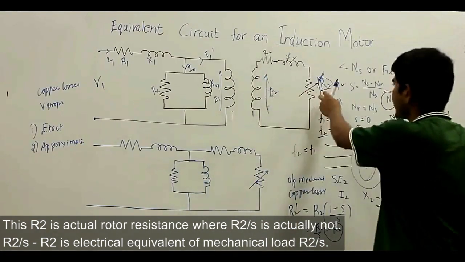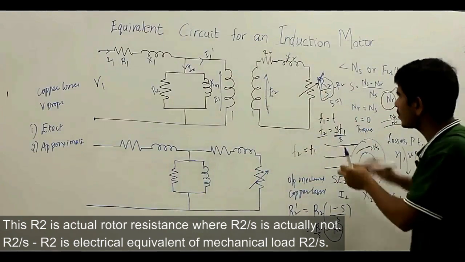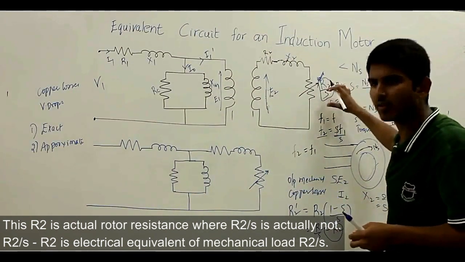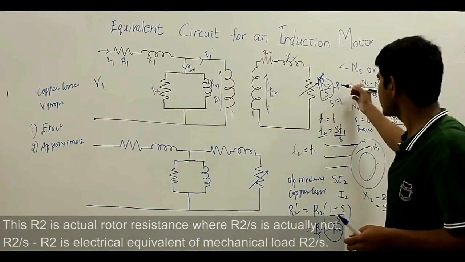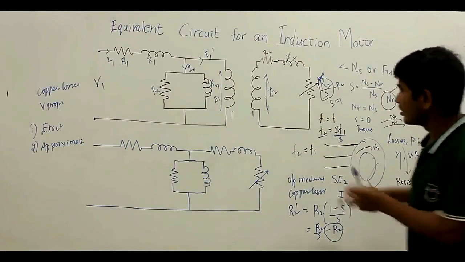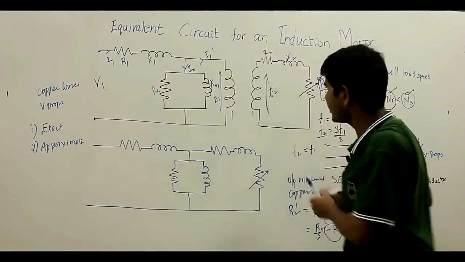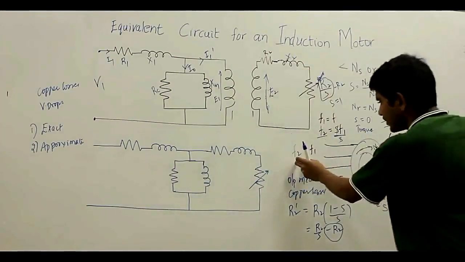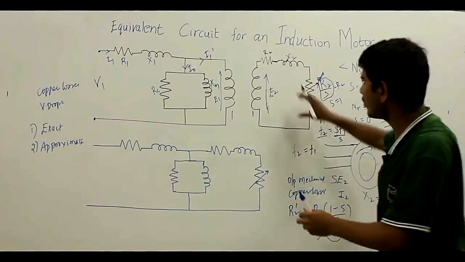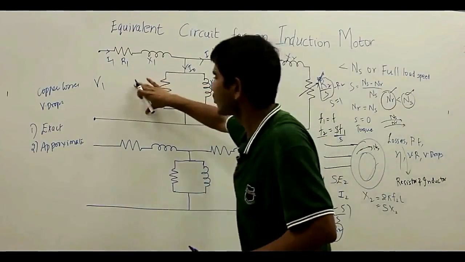So now I can write the mechanical load of R2 upon S as an equivalent electrical load, R2 upon S minus R2. By considering the frequency of the stator equal to the frequency of the rotor, I can refer the secondary side to the primary side.